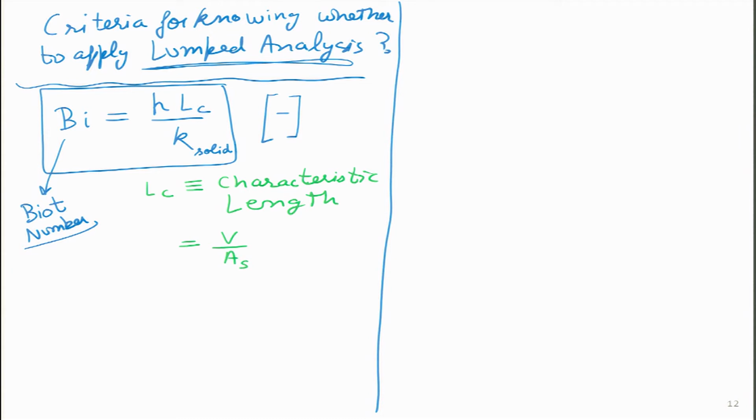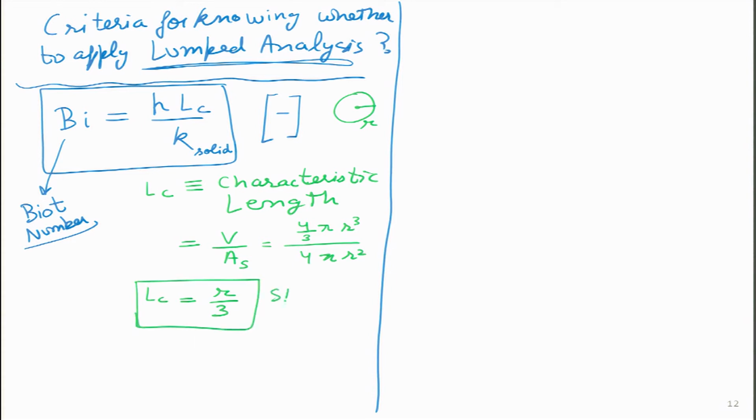So remember, we took a copper ball having the radius r. So let us try and figure out over here what will its characteristic length turn out to be. Volume is 4/3 pi r cubed. Surface area of this particular sphere is 4 pi r squared. So a lot of cancellations will take place, and it turns out the value will be r/3.